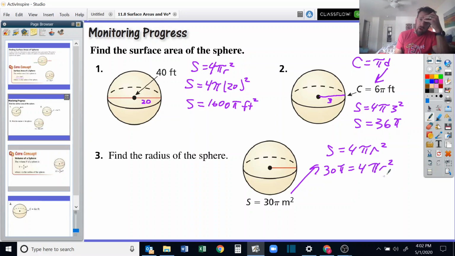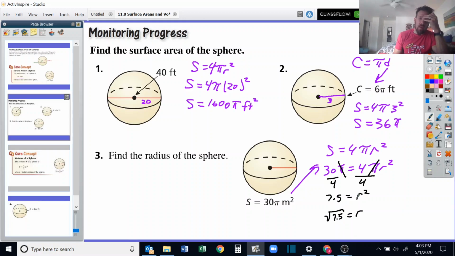And I'm going to go ahead and solve this algebraically to find out what that radius is. Now, immediately I can see that I can divide both sides by pi. That eliminates that. I can divide both sides by 4. So this is going to be 7.5 is equal to the radius squared. That means that radius is the square root of 7.5.